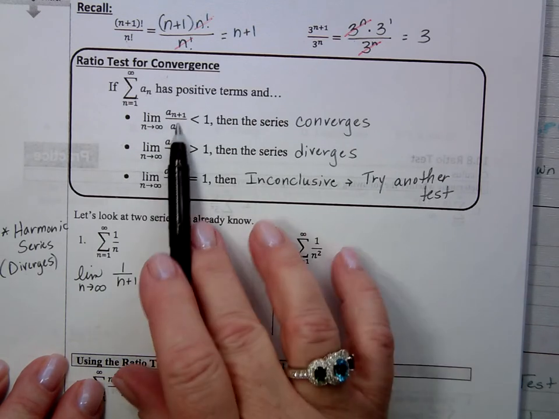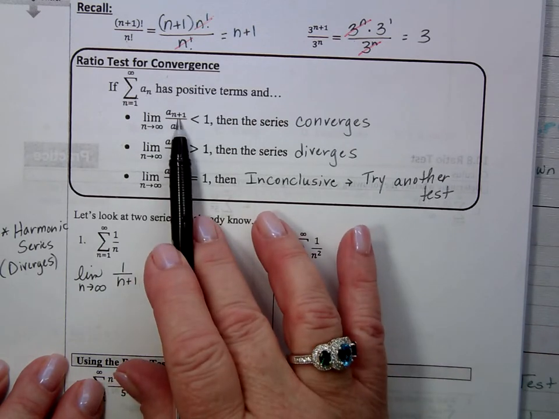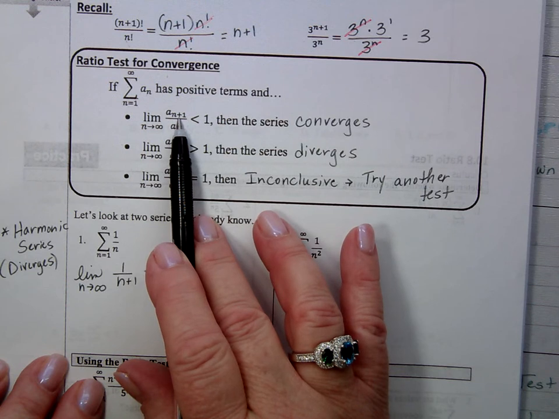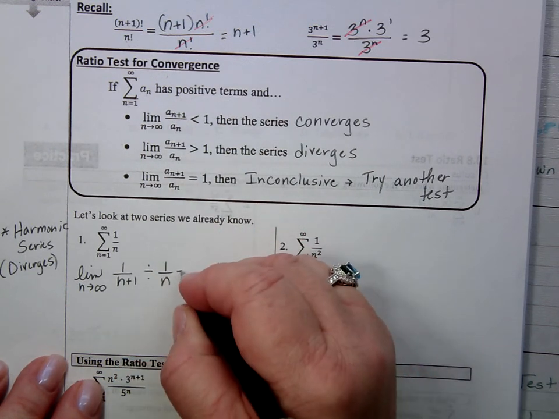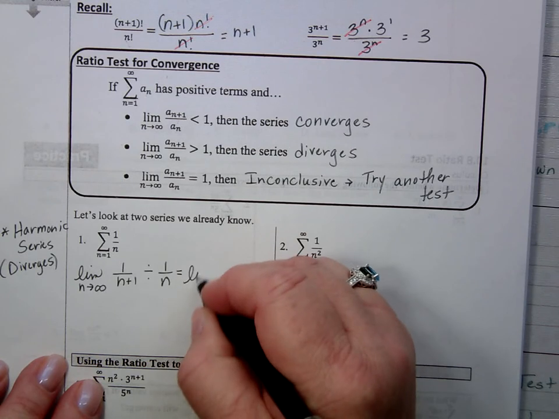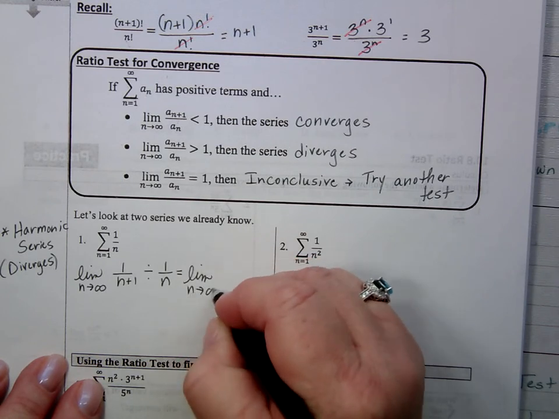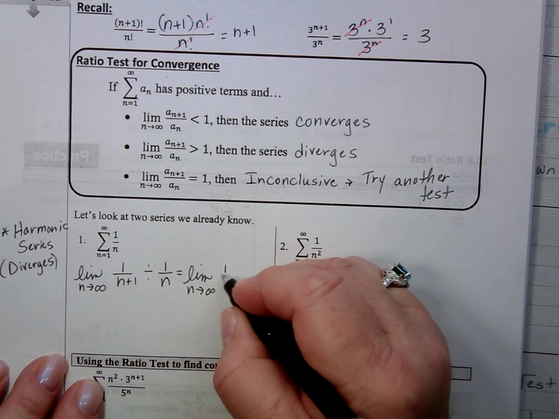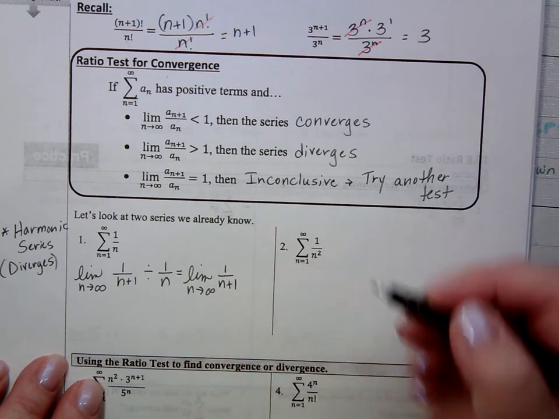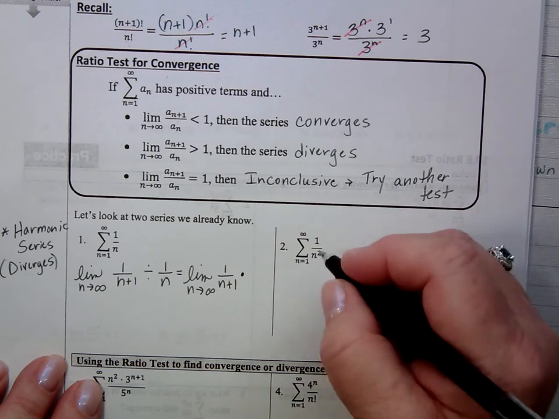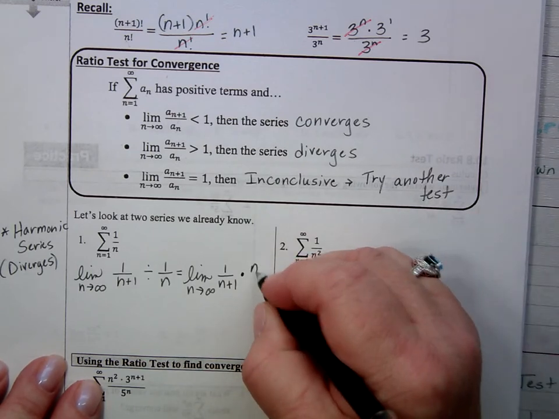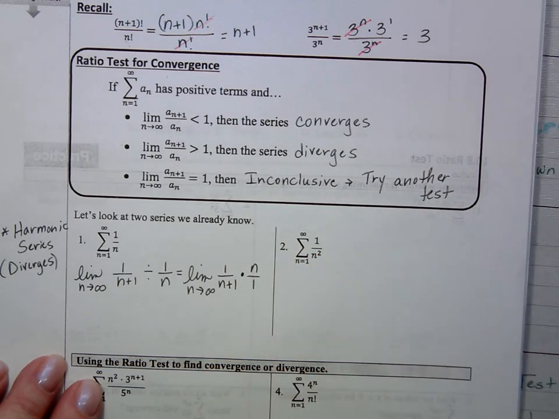So I'm taking the a sub n plus 1, putting an n plus 1 in for the n, divided by a sub n. The limit as n approaches infinity is going to be 1 over n plus 1, but remember, keep, change, flip. I'm dividing fractions, so I change it to multiplication and multiply by the reciprocal, n over 1.